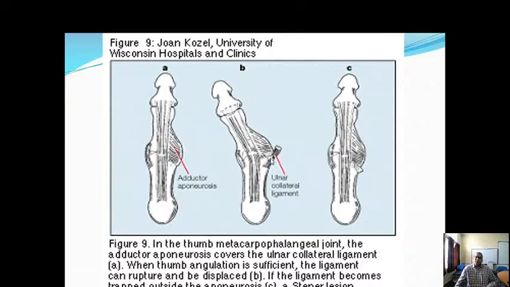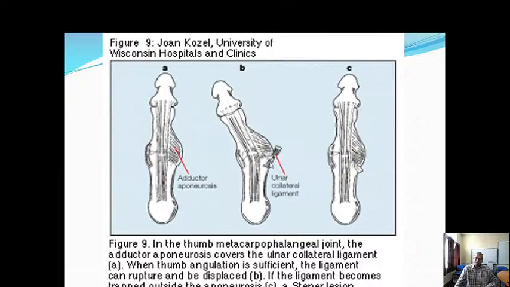So whenever this joint opens and there is a tear, when the thumb tries to relocate, the adductor aponeurosis falls back without the ulnar collateral ligament. So that's why this injury is most unlikely to heal.